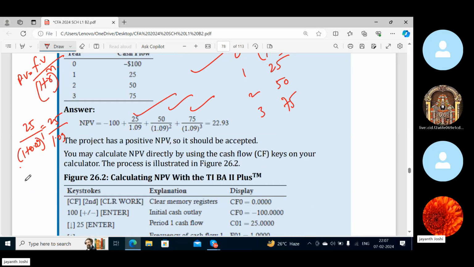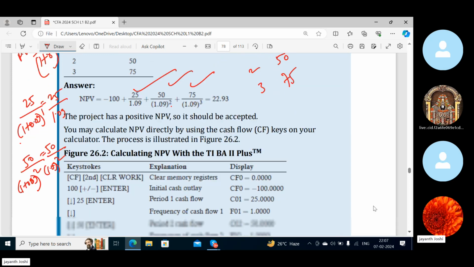Second year, cash flow is 50, so 50 by 1.09 whole square. And the third year it is 75 by 1.09 whole cube.